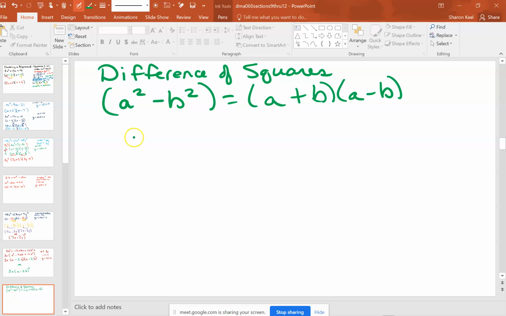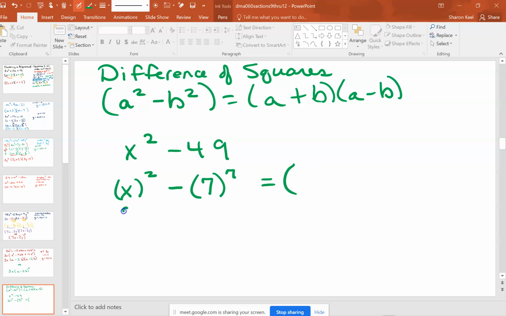If I were to give you, let's say, x squared minus 49, the x is squared minus the square root of 49 is 7. That would be like 7 squared. So this is the a, this is the b. It would be an x plus 7, and it would be an x minus 7.